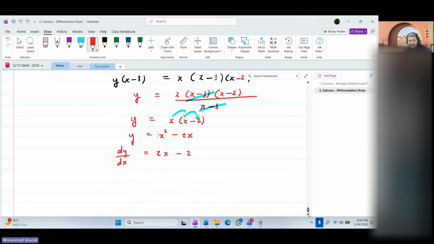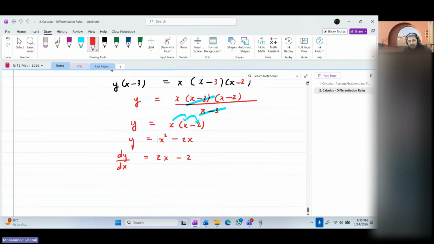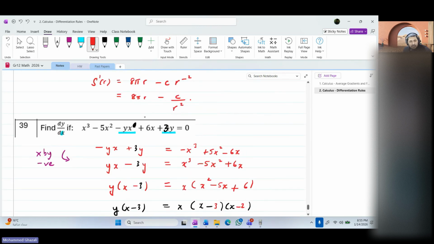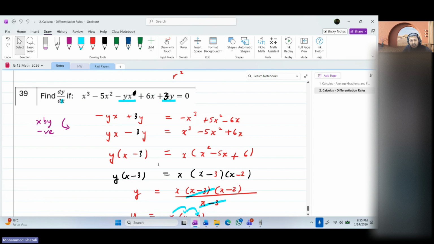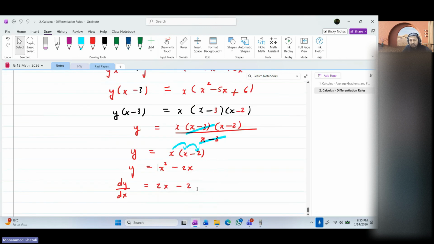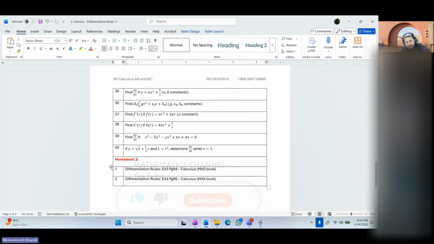So that's my answer. Okay, sorry about that. That question I just messed up. So we found dy dx, which is 2x minus 2. Perfect. Let's look at the last question.